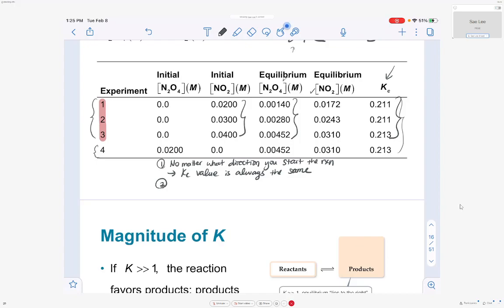So if you started with a low amount of NO2, you will have a lower amount of N2O4 at equilibrium, and you will have a lower amount of NO2 at equilibrium. However, the ratio is 0.211, and if you started with a slightly higher amount of NO2, you will have slightly higher N2O4 at equilibrium. You will have slightly higher NO2 at equilibrium, but the ratio is the same as when you started with a lower amount of NO2.